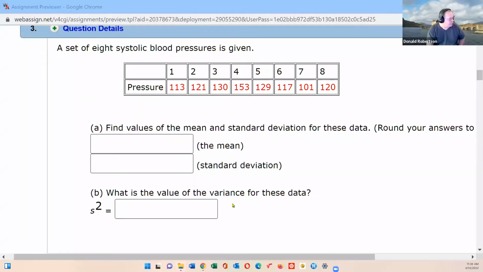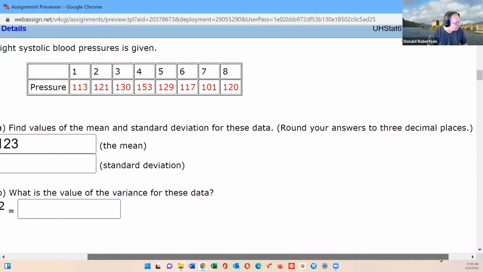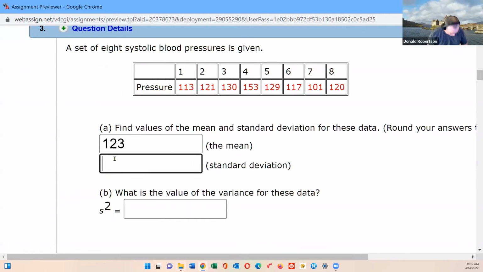Right, I'm now returning back to our homework and let's look at question 3. And they told us the mean and it was 123. And we figured out the what that guy, and they want the answer rounded to 3 decimal places. So here goes. So 15.203. And then they hit you with this guy called the variance.